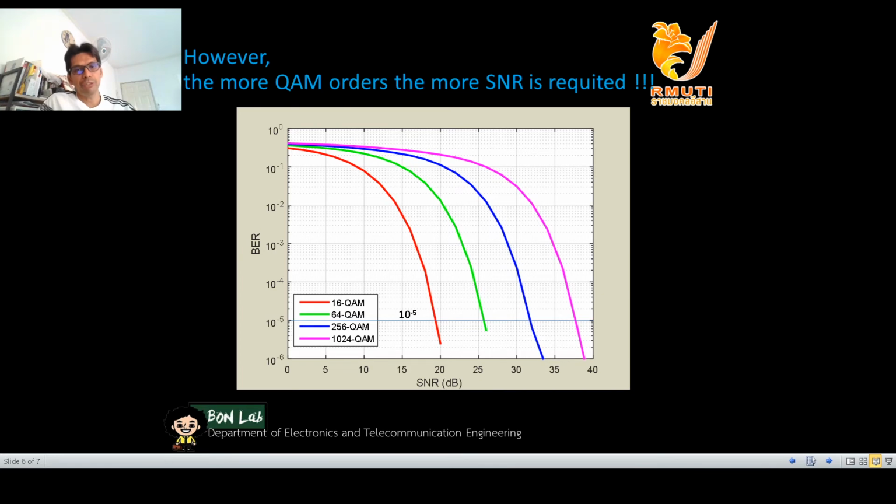For example, if we talk about only the SNR, and the bit error rate we are interested in is 10 to minus 5, if we want to transmit 1024 QAM, we will need an SNR of at least around 37 dB. It is a lot in real practice. I believe we have no chance to get it.